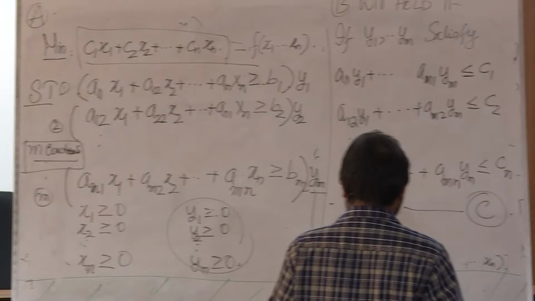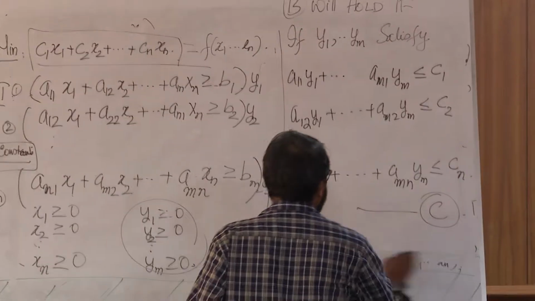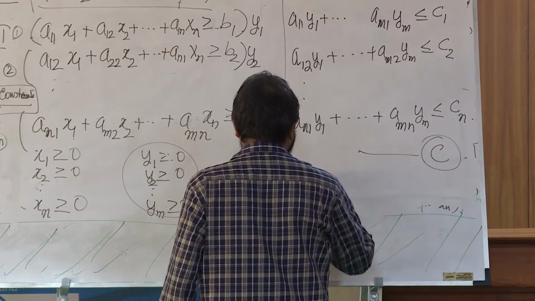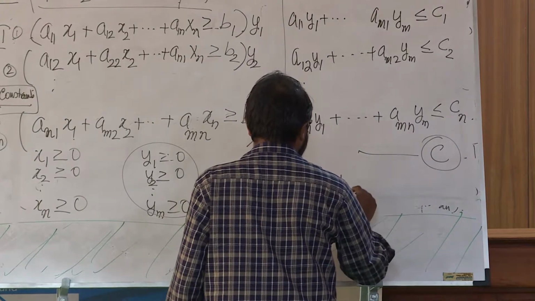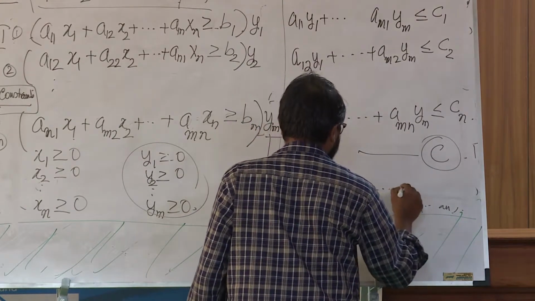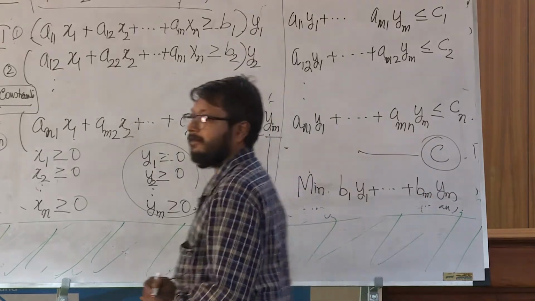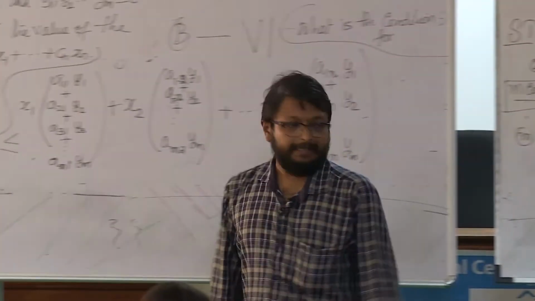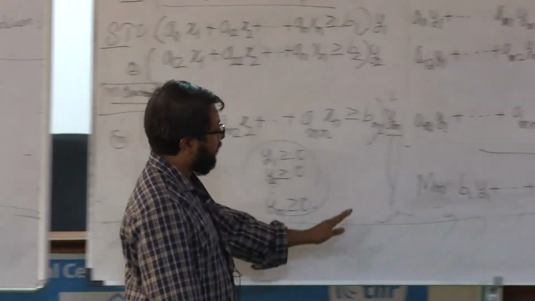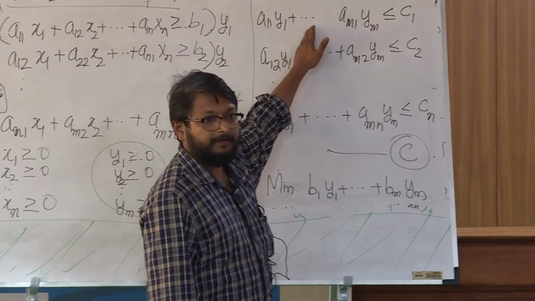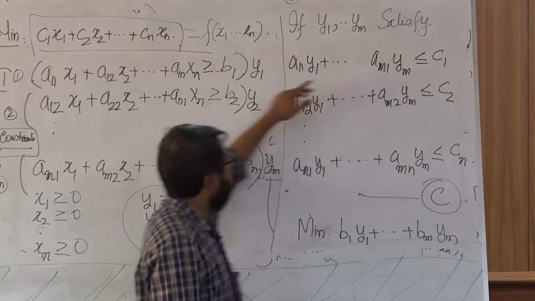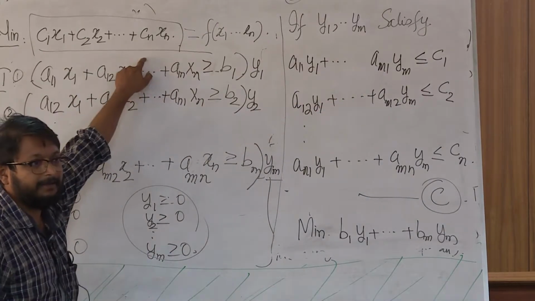Okay. So now think of a linear function. Suppose you put the requirement, maximize this subject to this. Any solution for this subject to this will be less than or equal to any solution to this subject to this.